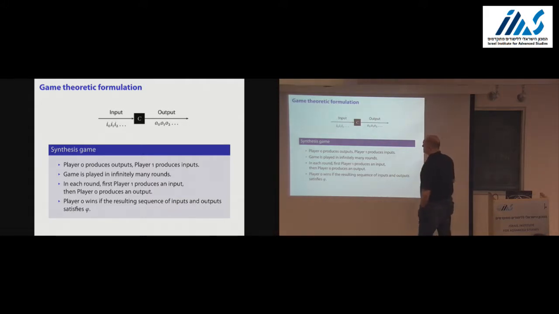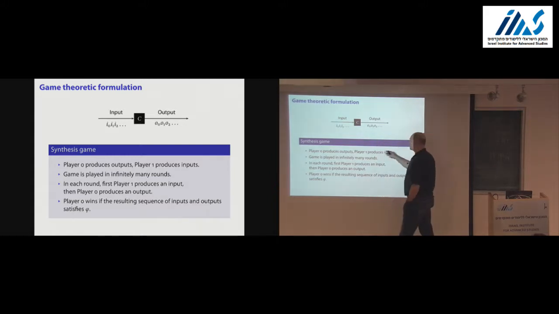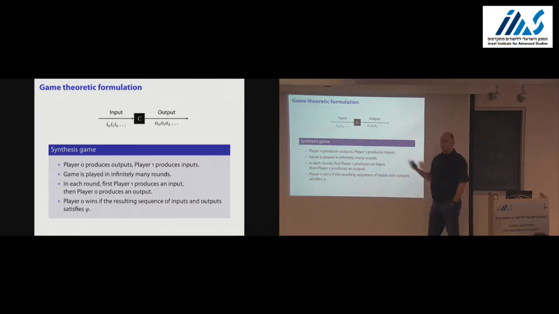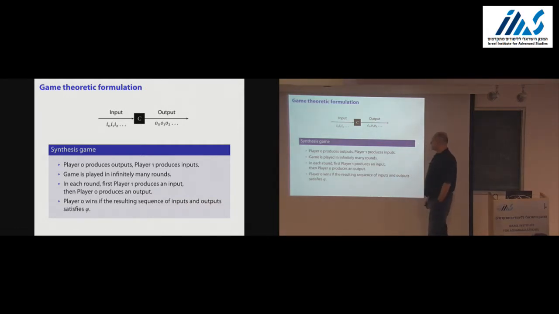So the way you play the synthesis game is that player 0 produces outputs, player 1 produces inputs. You play the game over an infinite number of rounds, and in each round, player 1 first produces an input, then player 0 produces an output, and if the resulting sequence satisfies phi, then player 0 wins.